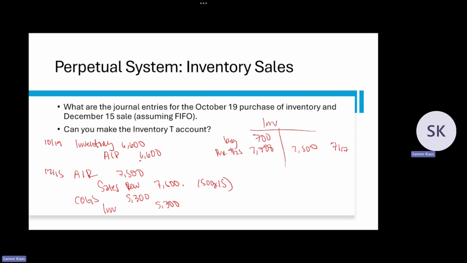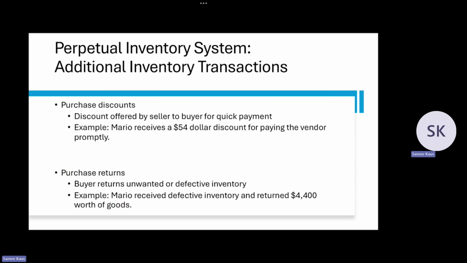I know I purchase additional inventory, so I have a purchase over here on October 19th of 6,600, but I know I have another sale of inventory of 5,300 on the 15th, which represents my sales. So I get my ending inventory to equal 2,200 after going through this process.